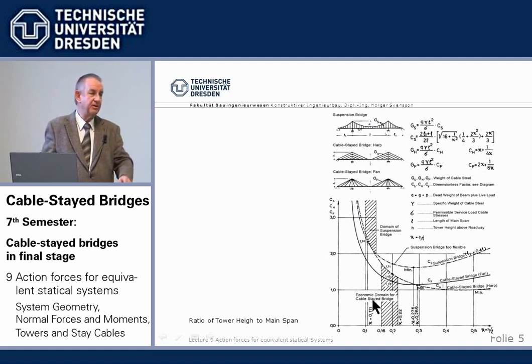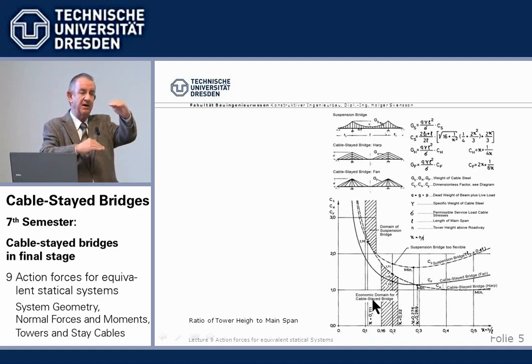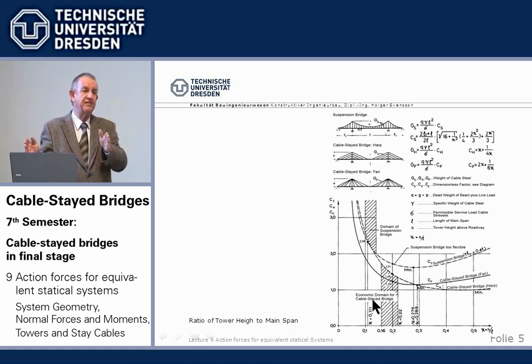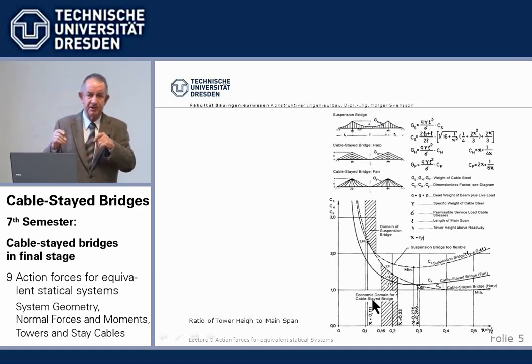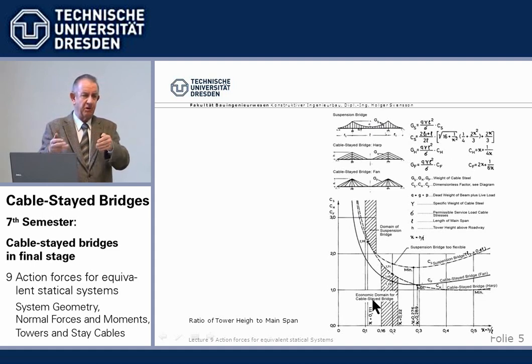A typical height of the tower is about 1/5 or 20% of the main span. So those are two figures you should keep in your head. Side span to main span, very often roughly 40%. Tower height to main span, about 20% or 1/5. And if you analyze many existing cable stayed bridges, you will find these ratios.